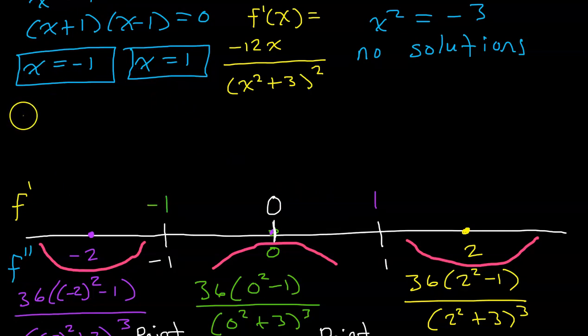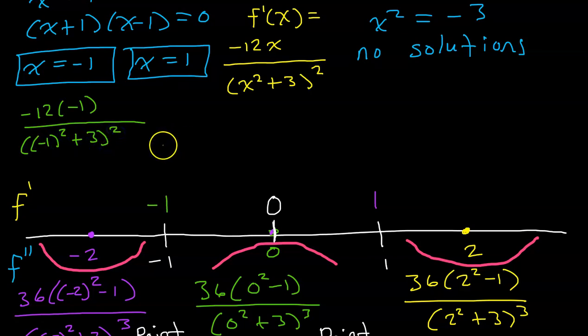So in the first interval, I'm going to have negative 12 times negative 1 over negative 1 squared plus 3 squared. Okay, so all I need to know is will it be positive or negative.